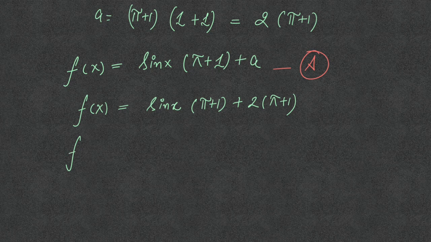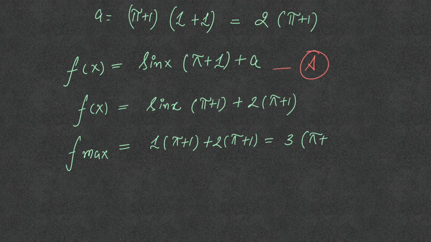Now for maximum value, the value of sine x is 1. So 1 into (pi plus 1) plus 2 times (pi plus 1). This becomes 3 times (pi plus 1). And for minimum value of the function, we use minus 1 for sine.